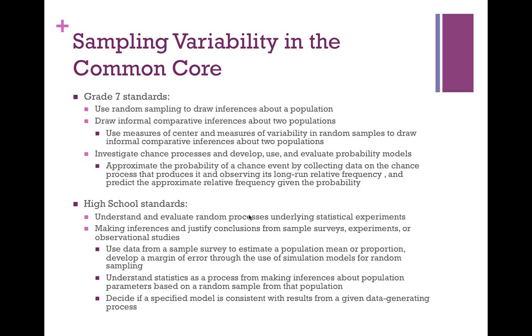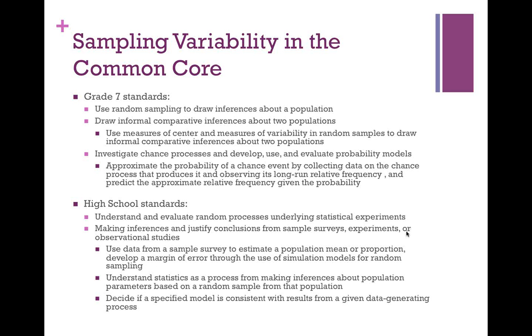Then we get to high school, and in high school we have two main standards that address sampling variability: understand and evaluate random processes underlying statistical experiments, and making inferences and justifying conclusions from sample surveys, experiments, or observational studies.